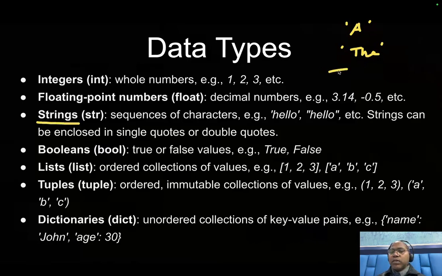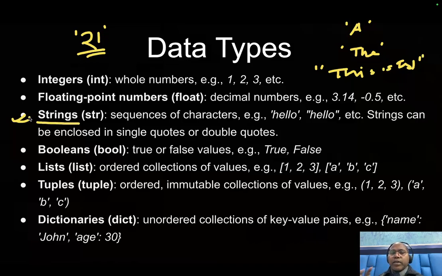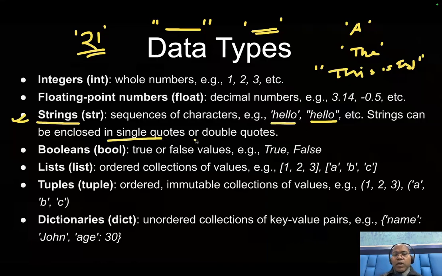You can use double quotes or single quotes. Even something like 21 in quotes is considered a string. A string is any printable character written in single or double quotes. Python supports both, like 'hello' or "hello", both are the same thing. The string can be enclosed in single quotes or double quotes.